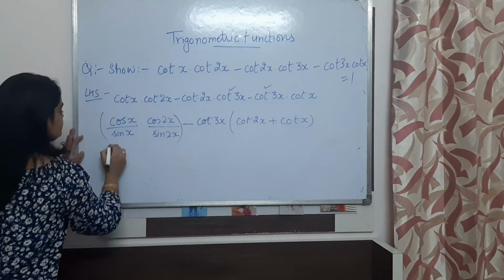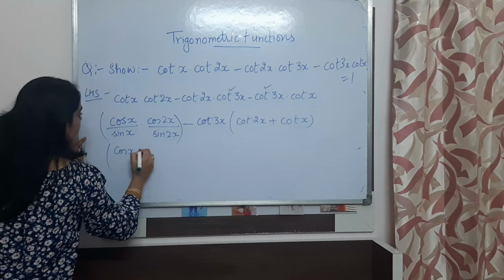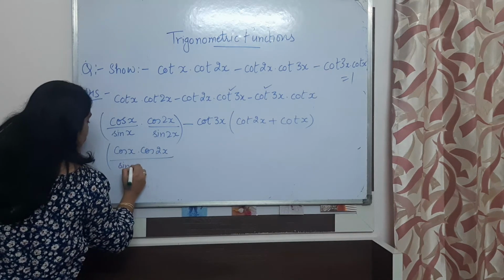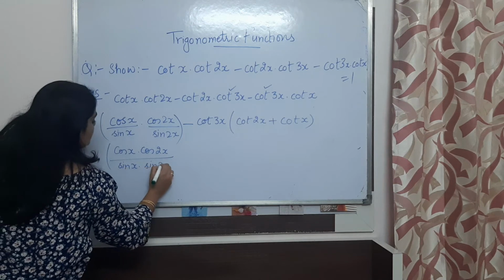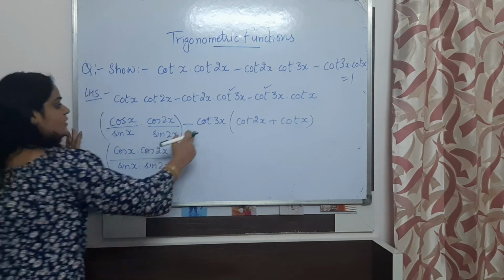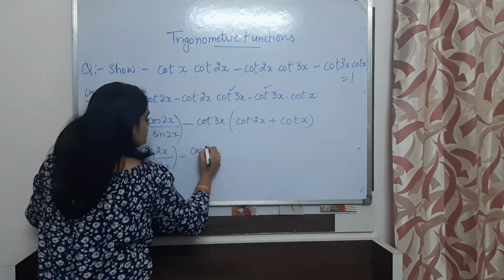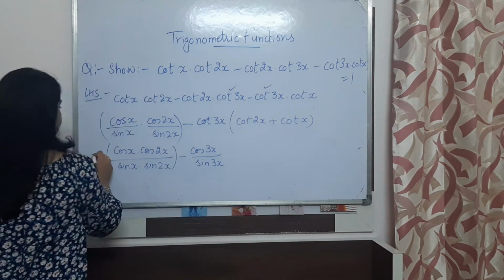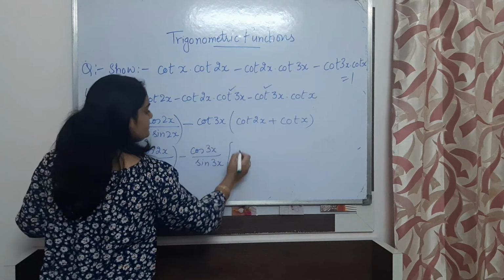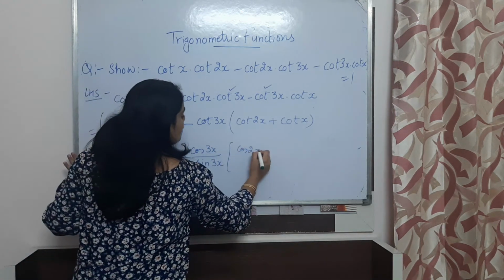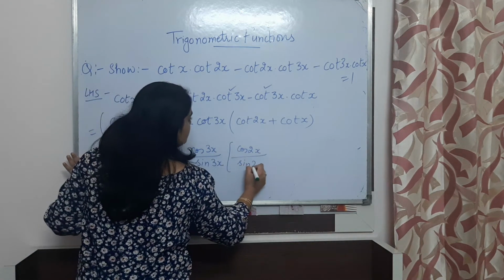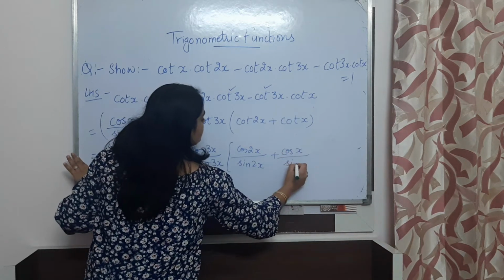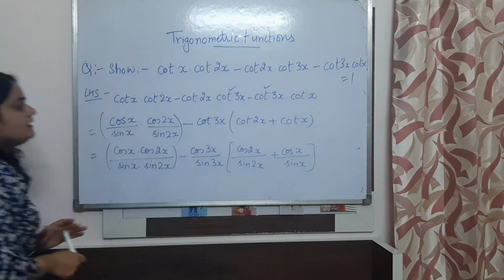So it is cos x into cos 2x whole upon sin x into sin 2x. Now cot as cos by sin, and inside the bracket we are having cos 2x upon sin 2x plus cos x whole upon sin x.